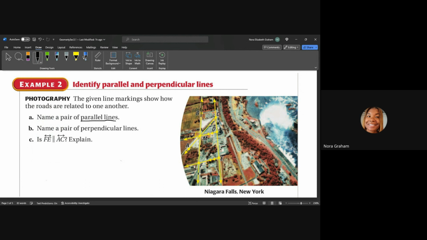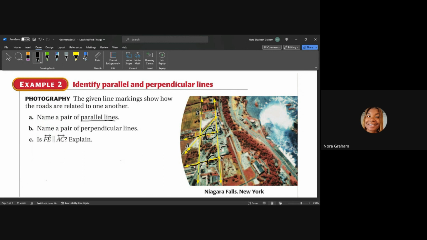Since they give us an image, like I said, we want to look at our annotations. The annotations that indicate parallel are these two triangles right here on these two lines, on my line MD and my line FE.